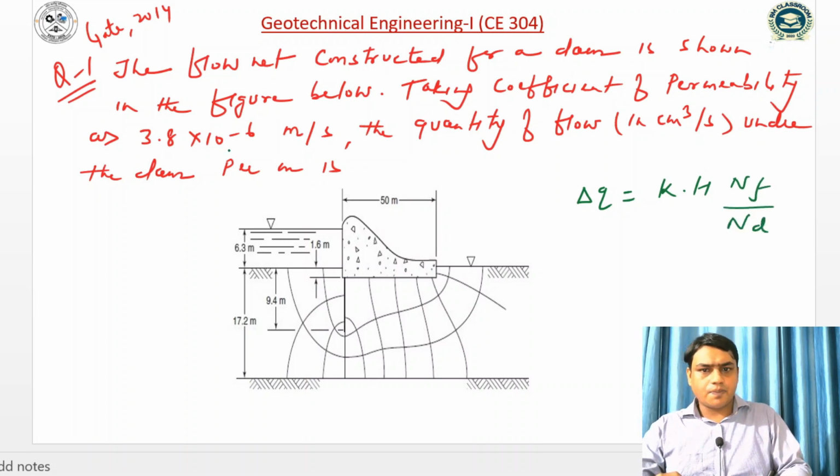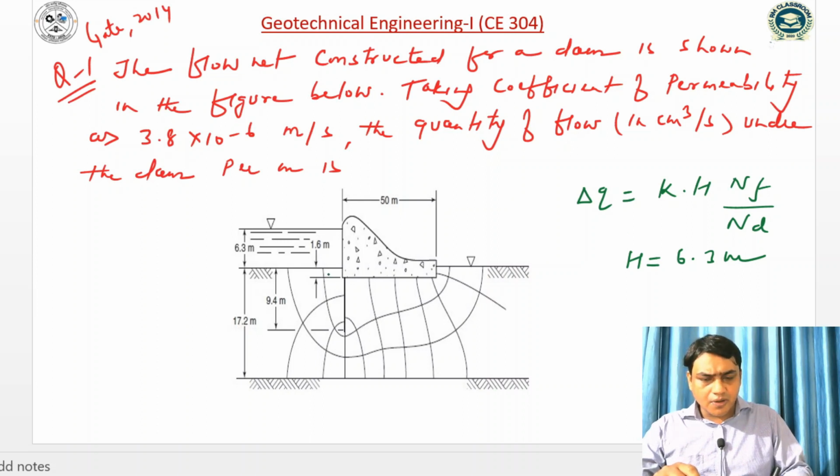Here the coefficient of permeability is given as 3.8 into 10 power minus 6 meter per second, and H is the head difference between upstream and downstream. So the value of H is equal to 6.3 meter. We have to read the values of NF and ND.